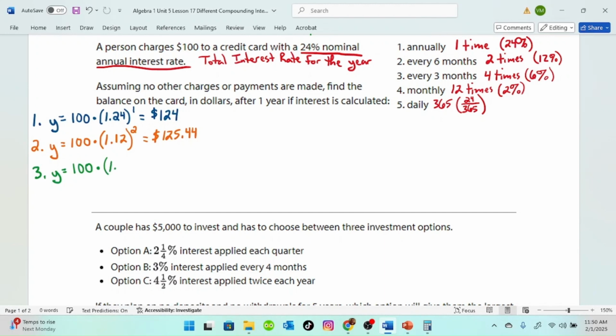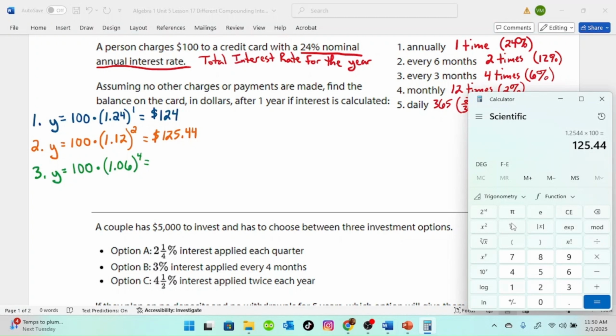So 1.06, the 1 maintains the current amount. The 0.06 represents the 6% interest. And the exponent is now going to be 4 because we are charging interest 4 times per year.